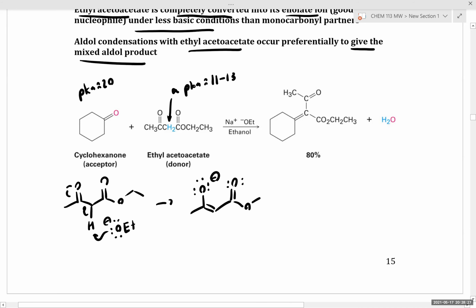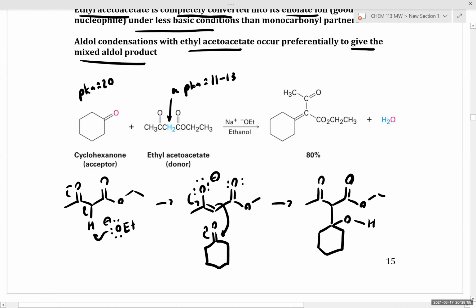So this enolate can then go and attack our electrophilic ketone carbonyl to generate our aldol product. Because enolate generation is quantitative, we don't ever see a lot of self-condensation with ethyl acetoacetate.